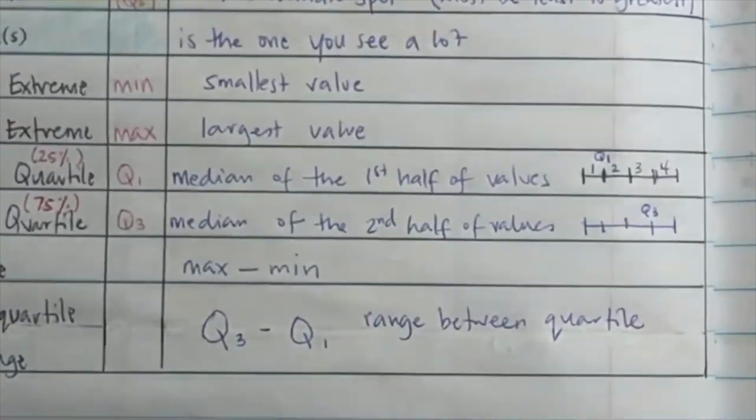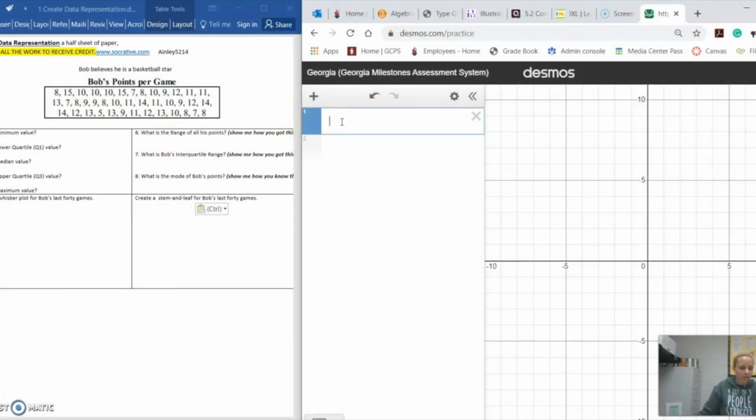So for this unit, you just need to know all the definitions. You're going to write capital A and then equals, and then you're going to use interval notation.